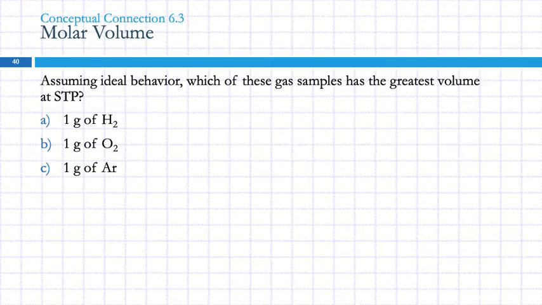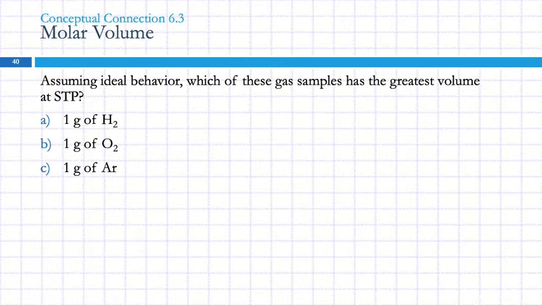So assuming ideal gas behavior, which of these samples has the greatest volume at STP? A gram of hydrogen, a gram of oxygen, or a gram of argon? So if the volume is bigger, does that mean it has more particles or fewer particles? More particles, right? More particles would make it bigger. So which of these has more particles?